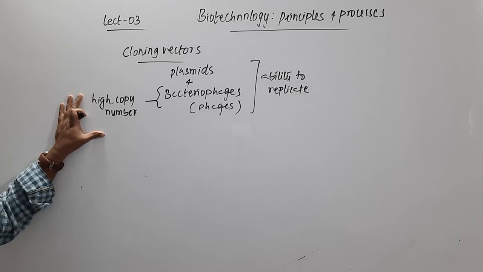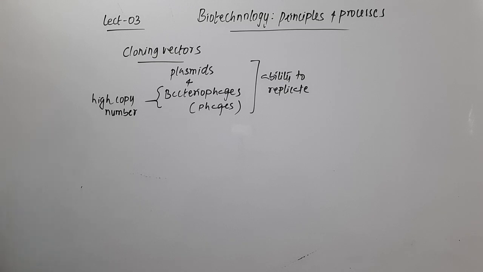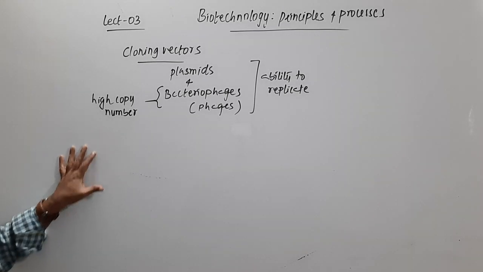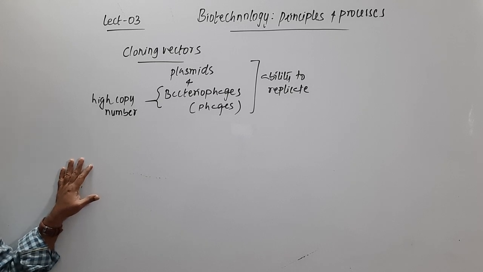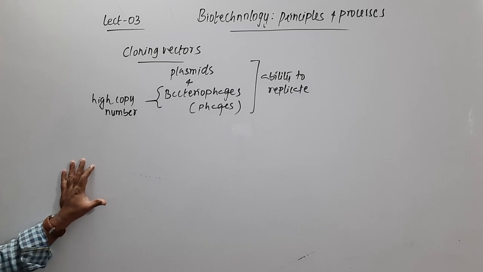So these bacteriophages will have the high copy number, and the plasmids will be of only a few copies per cell. Usually they may be one or two copies per cell.